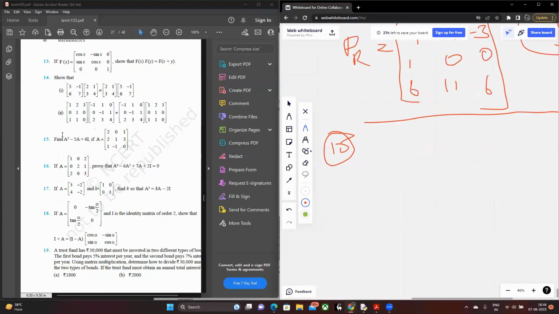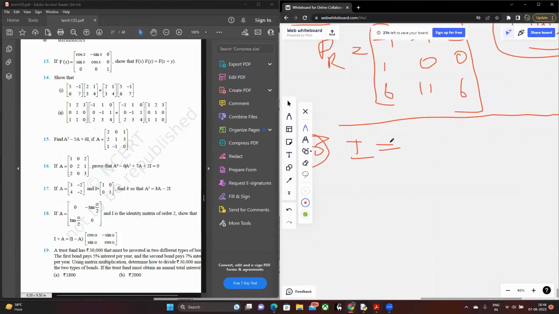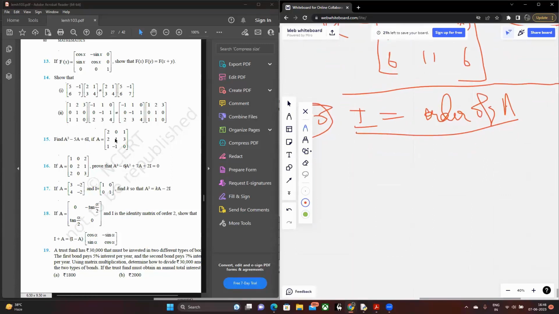All right. So first things first, just look at the fact that over here, A is a 3 by 3 matrix. They haven't given what I is. In these types of questions, you can basically assume I to be of the order of A. So basically over here, I is I3.